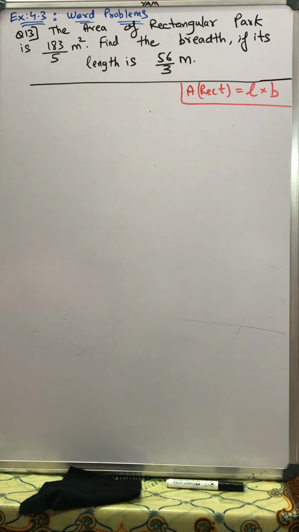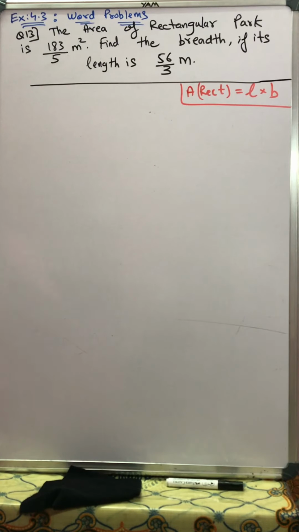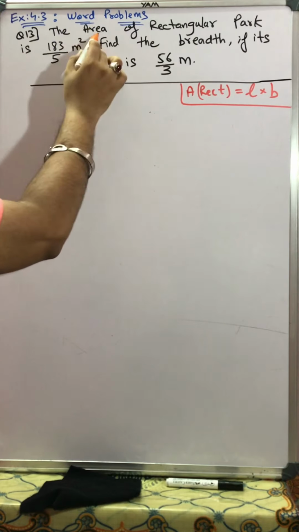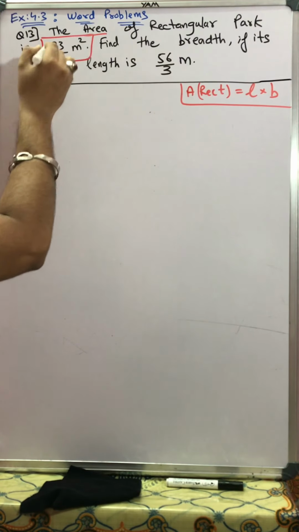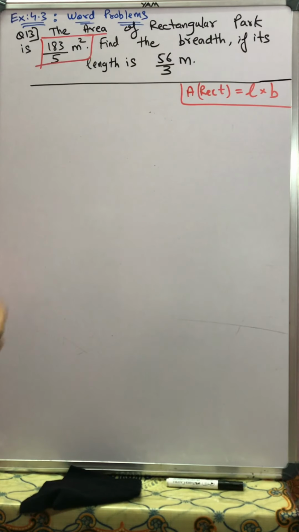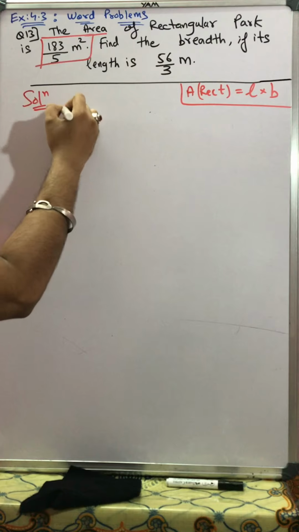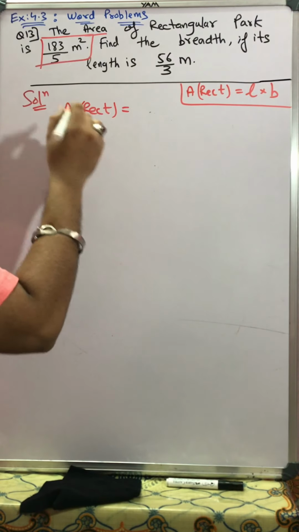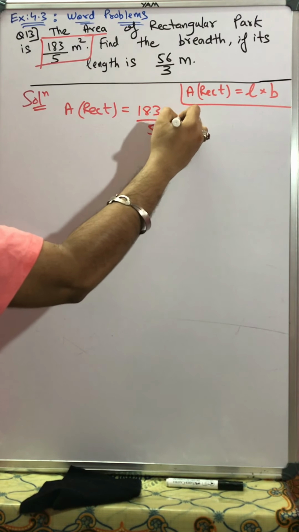Students, now continuing with this question, the question on the board. The area of the rectangular park is 183 upon 5 meters square. Area is given to us. In the solution part, I'll write: area of a rectangle is equal to 183 upon 5 meters square.